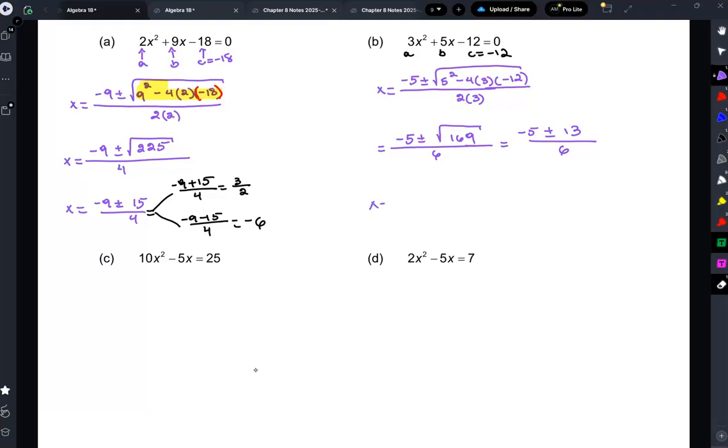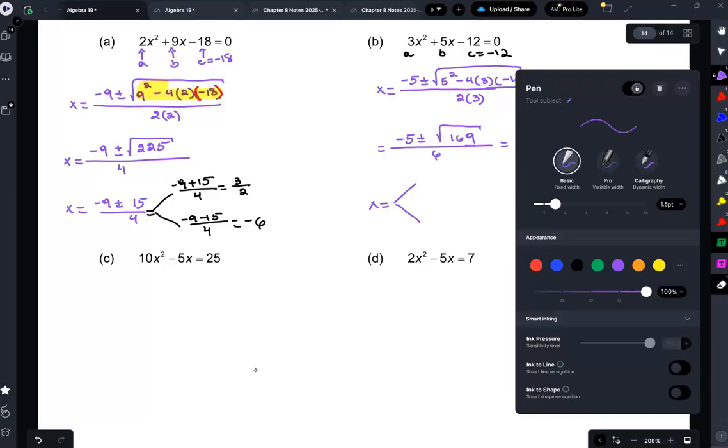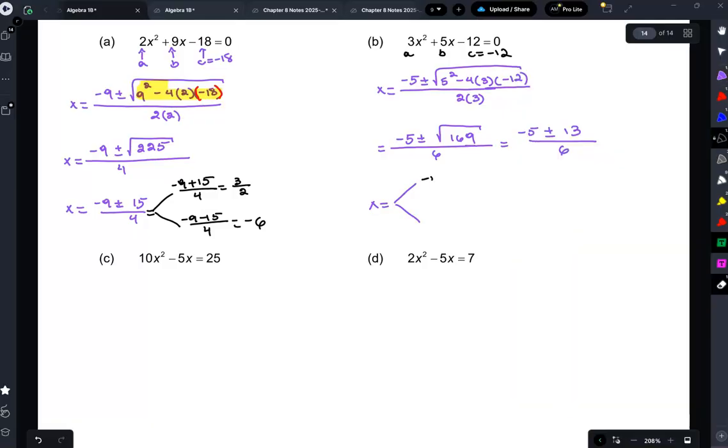So now x equals, I have 2 solutions here. And they are negative 5 plus 13 over 6, negative 5 minus 13 over 6.